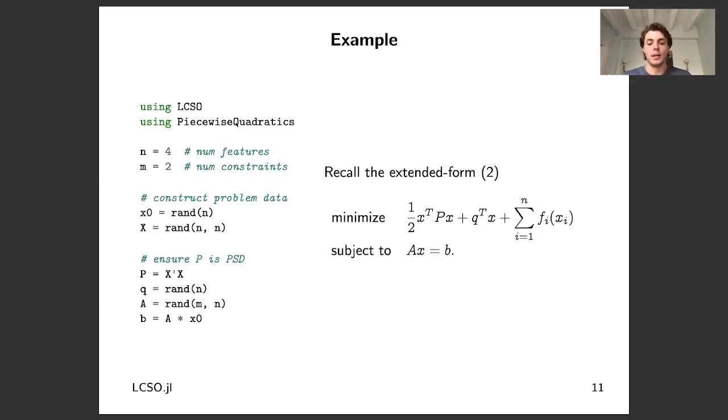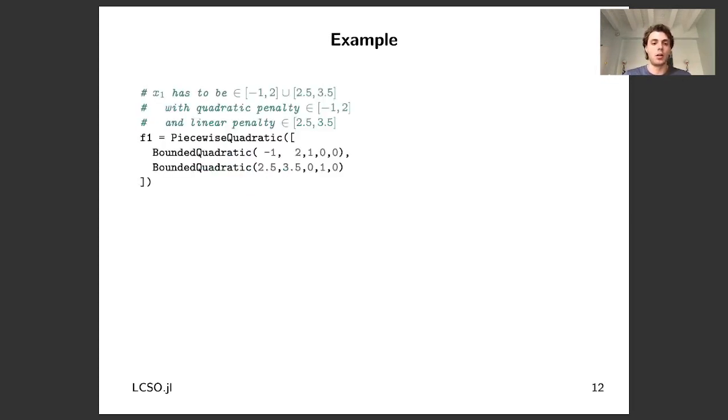And again, because the f needs to be separable across the dimensions of our decision variable x, and there are 4 dimensions, there are going to be 4 f_i. So we'll define the f_i using our piecewise quadratics library. Now, we're going to require that x1 has to be in the union of the interval between -1 and 2, and 2.5 to 3.5.